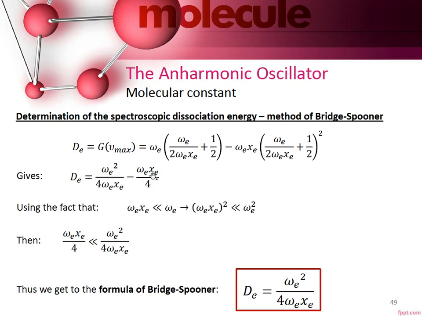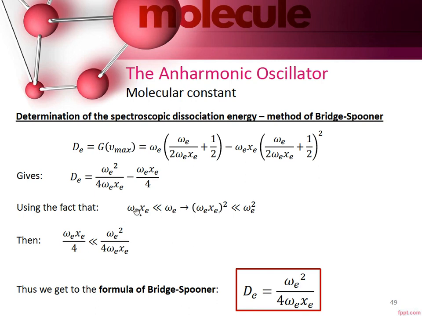Now here, we have to use the fact that omega E xe is much smaller than omega E. I think there's a small typo in here, so forget the square here.